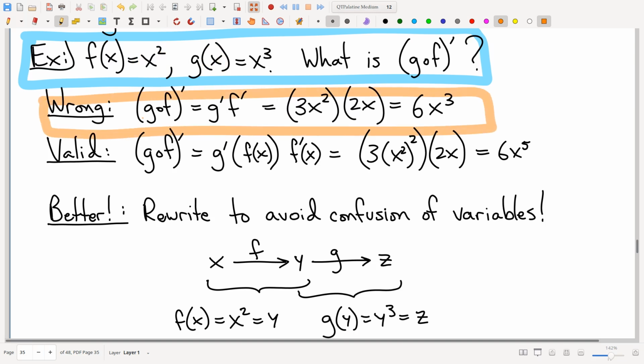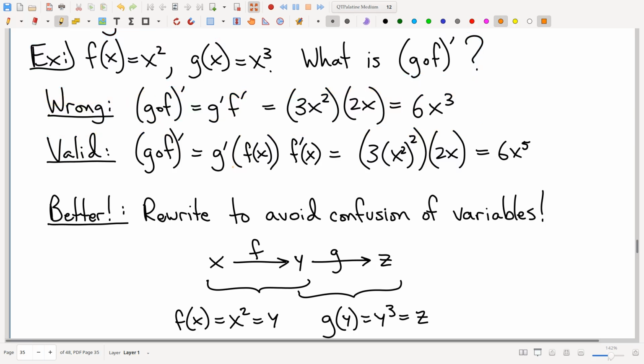I was way too fast and loose in writing down the single variable chain rule here. I like the pithy phrasing that derivatives turn compositions into products, and so here I just wrote down the product of the derivatives. I computed these derivatives correctly, but I get a wrong answer, because you need to evaluate the second function's derivative at the first variable's output.